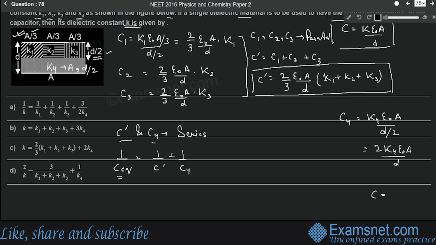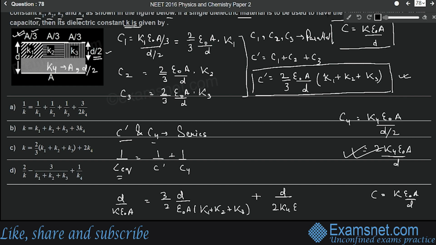We know that C is equal to K epsilon naught A by D. So the reciprocal 1 by C equivalent will be equal to D by K epsilon naught A. This is equal to 1 by C dash, the reciprocal of C dash, that means 3 by 2 D upon epsilon naught A into K1 plus K2 plus K3, plus 1 by C4. So the reciprocal of C4, that means D by 2 K4 epsilon naught A.